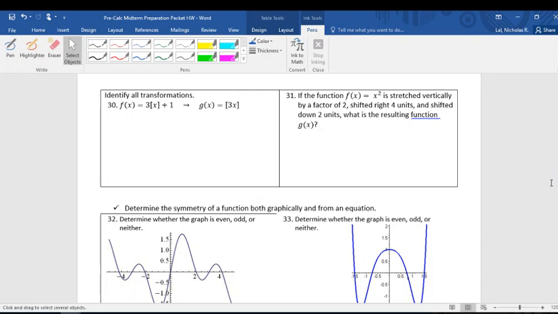Identify the transformations. So 3 times x plus 1 over 3x. Let's figure out what's going on here. Well, first of all, we need to subtract 1, multiply this 3 by 1/3 on the outside, and then on the inside here multiply by 3.